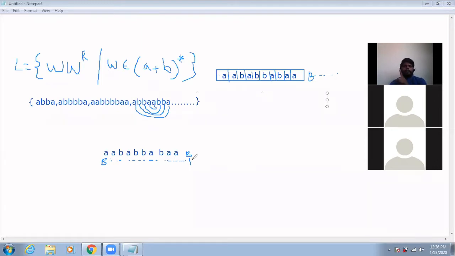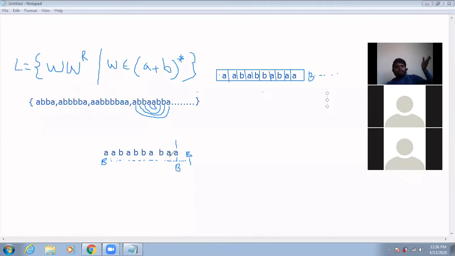Whenever there is a blank, you need to move to the left hand side, because I need to check this symbol. For this A, I need to point to this symbol. That is why I am pointing here. Whenever there is an A, you make this a blank, and then go to the left hand side for the next symbol.